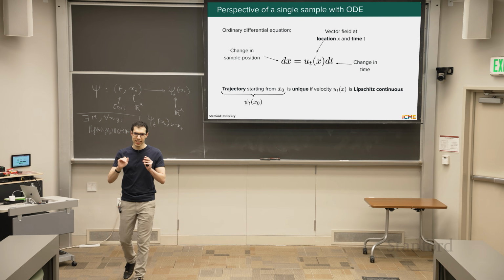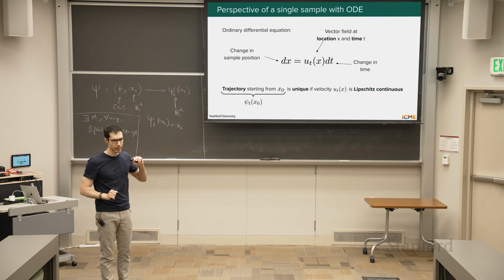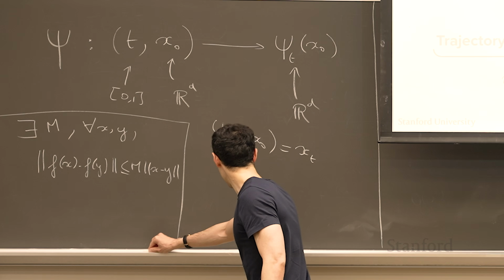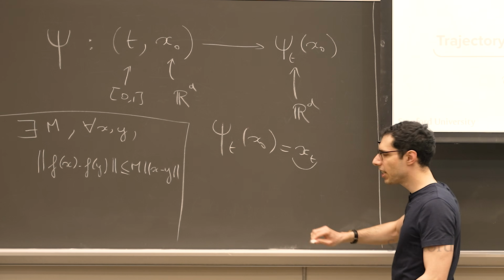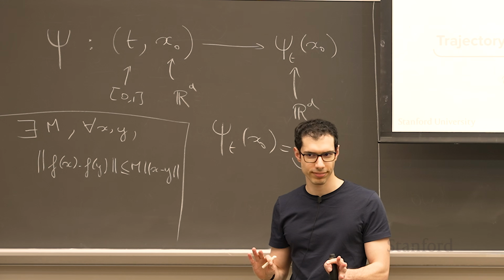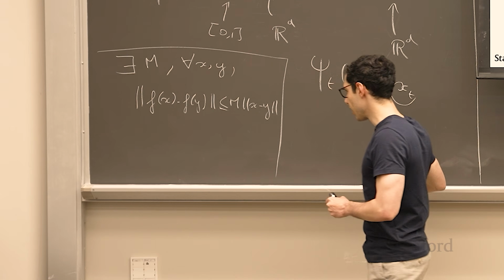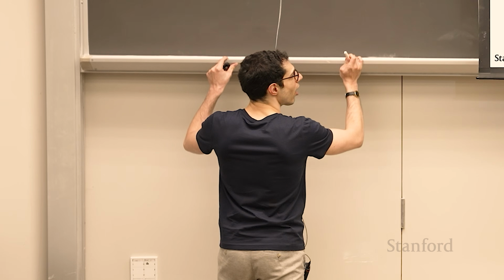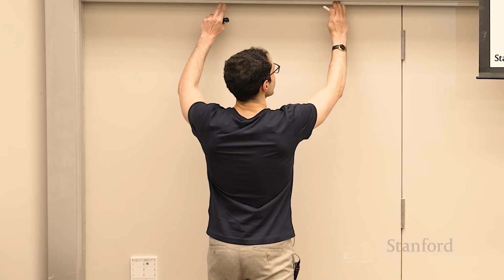And what I'm saying here is if the vector field is Lipschitz continuous, then the trajectories x will be unique for a given initial condition. And so I'm going to just give you an example of when trajectories are not unique.